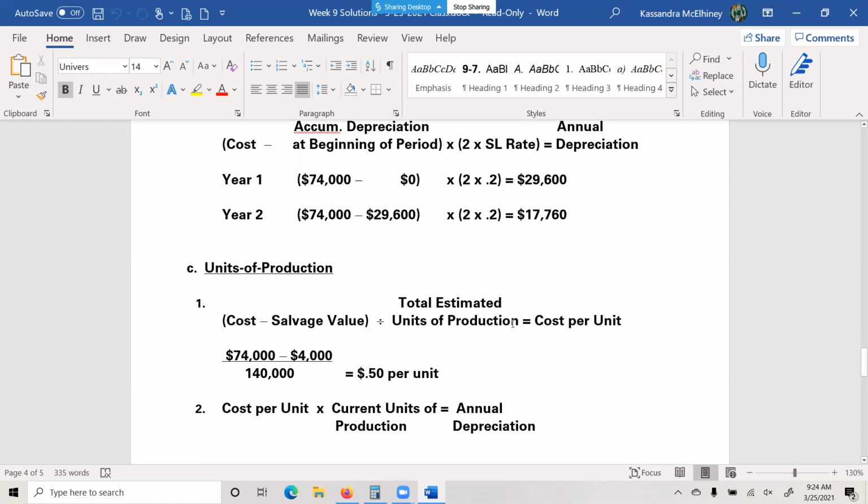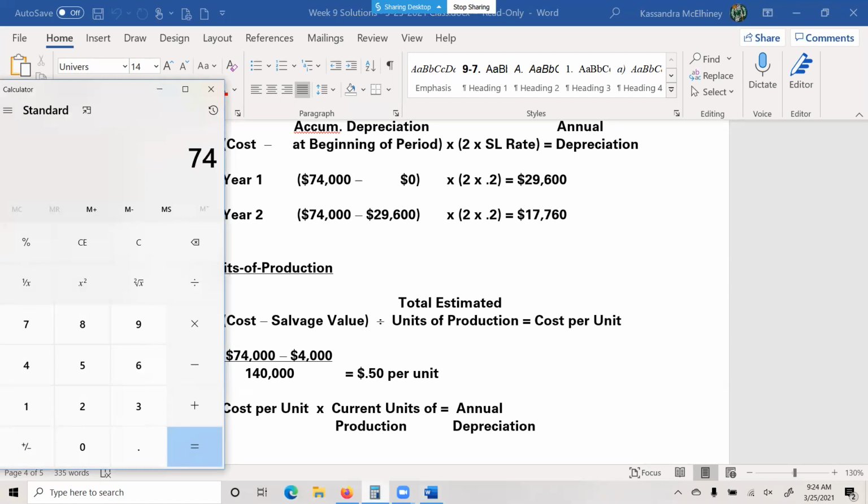So we're expressing life units of production as a total number of units we do believe this piece of equipment is going to be able to produce. In that case, 140,000 units is what the estimate was. So our formula becomes $74,000 asset cost minus $4,000 salvage value, that result divided by 140,000 estimated units of production out of this piece of equipment.